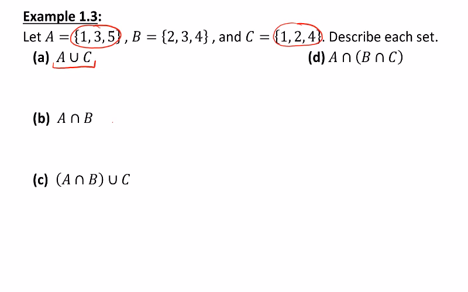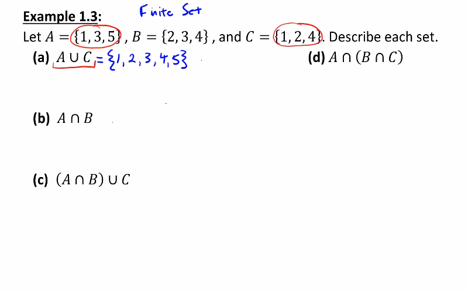So A union C is going to be equivalent to the set 1, 2, 3, 4, and 5. So notice that we started with two finite sets, and the result was another finite set.